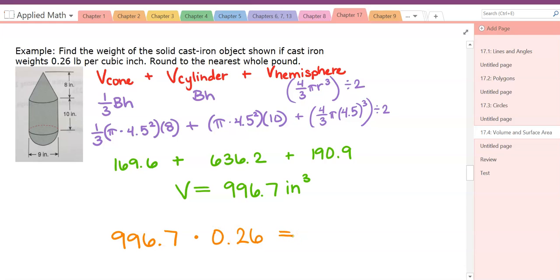This is going to tell us how much it's going to weigh in pounds. Now they want it to the nearest whole pound, so when you multiply by 0.26, you're going to get a decimal. I want it rounded to the nearest whole pound. What are you guys going to give me as an answer? Good, 259 pounds.